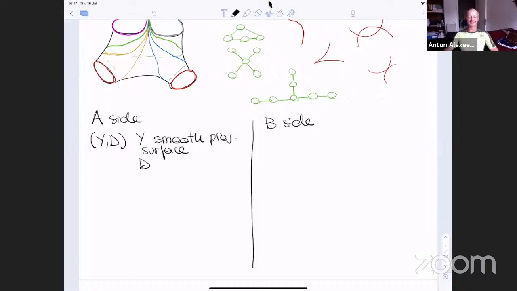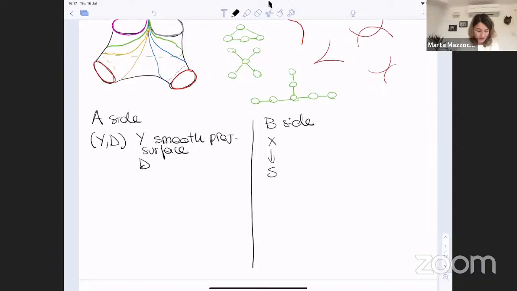On the other side, we have a flat family of surfaces, which will be the spec of a ring structure on a certain vector space. So mirror symmetry essentially is a way to associate to one side the other side and vice versa.